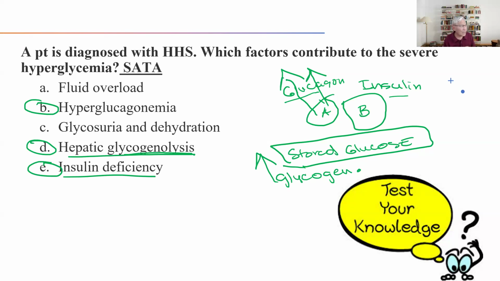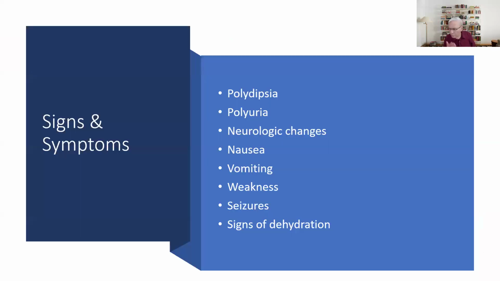The other one is excessive breakdown of glycogen from the liver. And lastly, there is not enough insulin to counteract the effects of glucose. So this is a little bit of a challenge, but it basically describes the three mechanisms and explains why we have a lot of glucose in these patients. Okay.